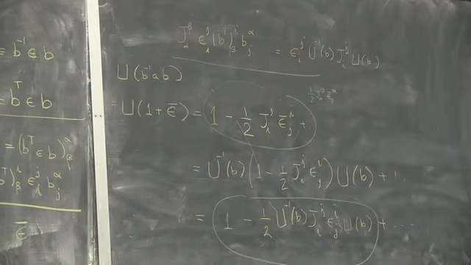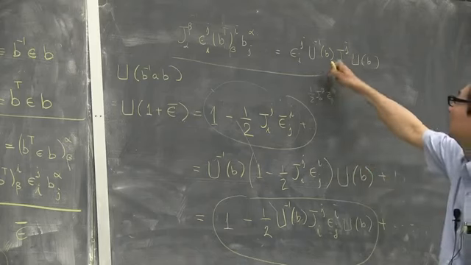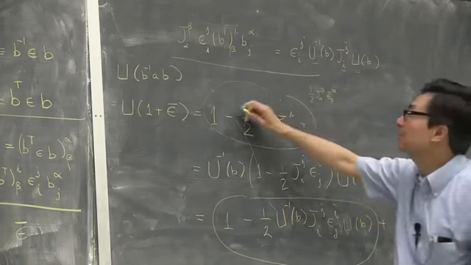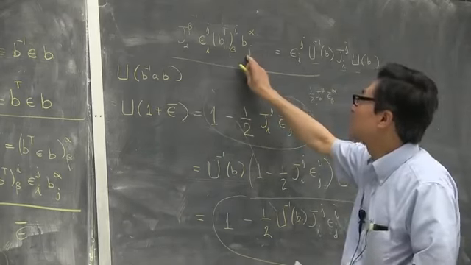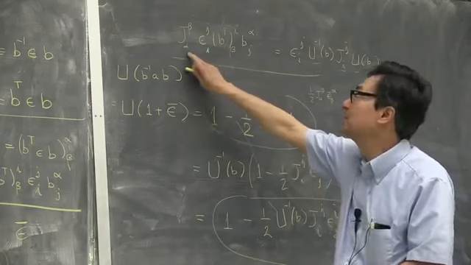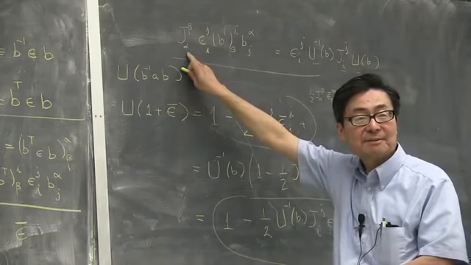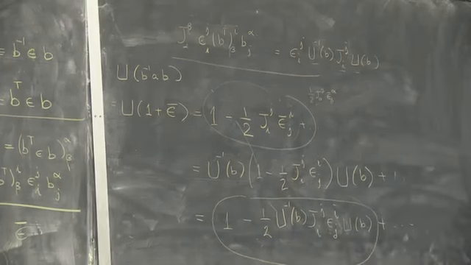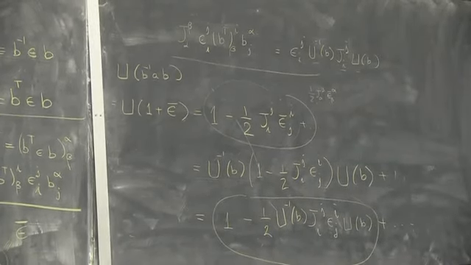Now, you have to be very careful that these three guys are all big N by big N matrices. So you cannot change the order around. But over here, these three things are all numbers. You can put them anywhere you want. Whereas this one is an N by N matrix. So both sides, of course, have to be an N by N matrix.